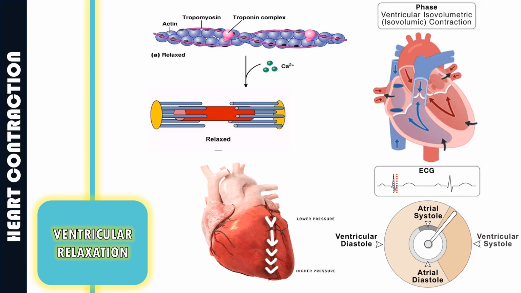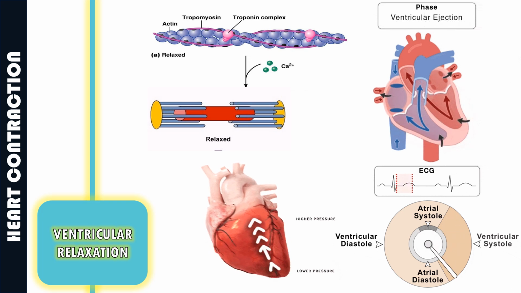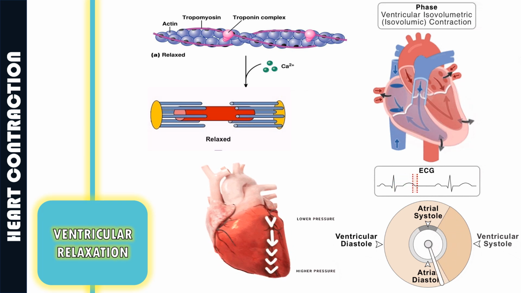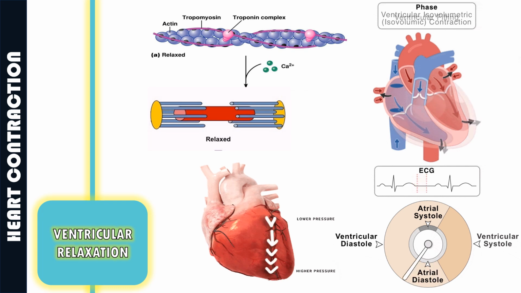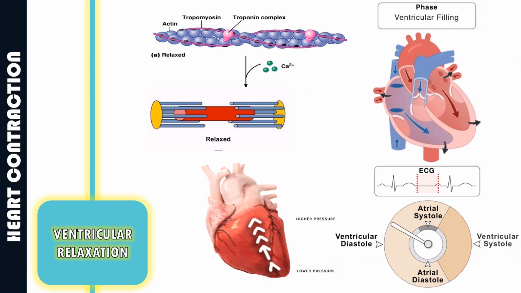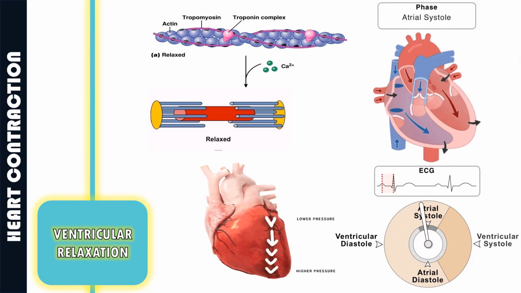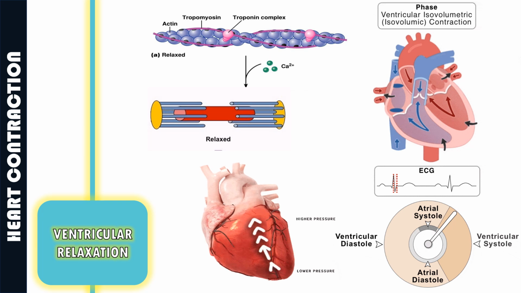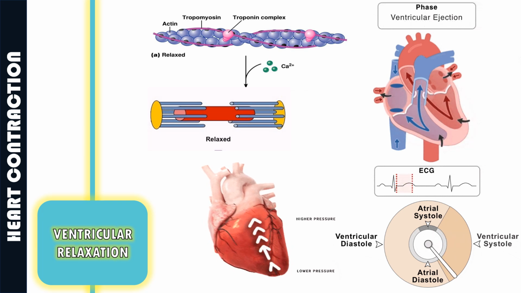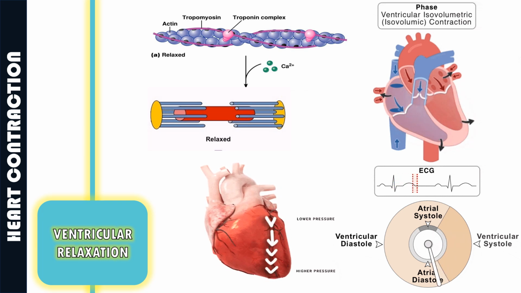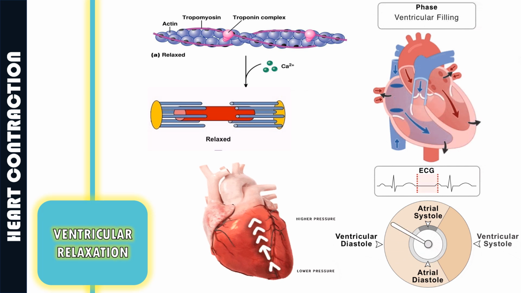As the ventricular muscle cells relax, the ventricular chamber increases in volume, and pressure decreases, allowing the heart to refill with blood. This precise regulation of calcium-dependent relaxation enables the heart to efficiently alternate between contraction and relaxation, maintaining a normal heartbeat and ensuring adequate blood flow to the body.